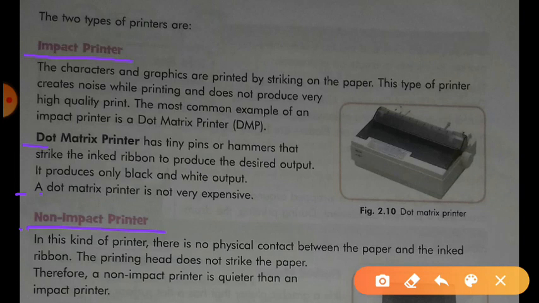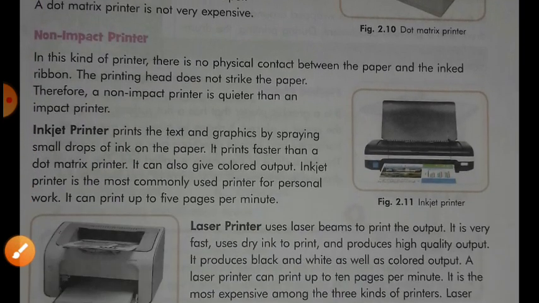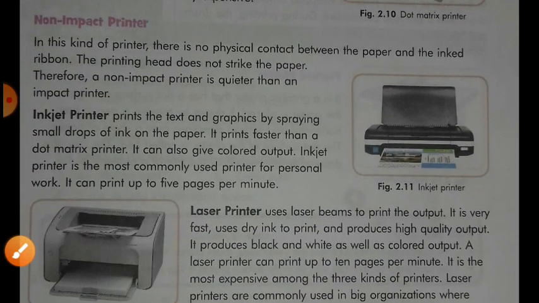The printing head does not strike the paper. Therefore, a non-impact printer is quieter than an impact printer. There are two types of non-impact printer. First is inkjet printer and second is laser printer.